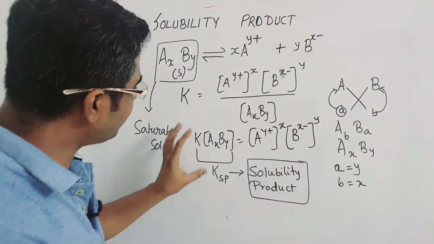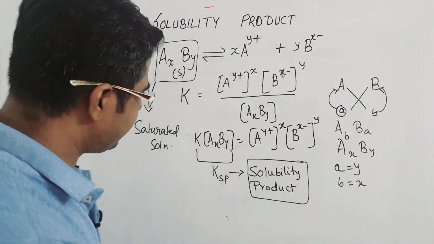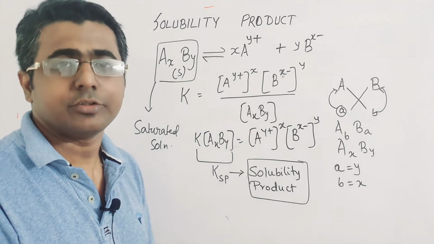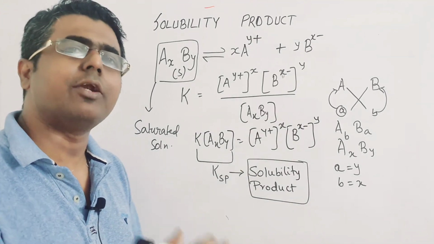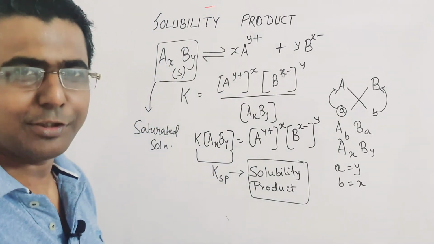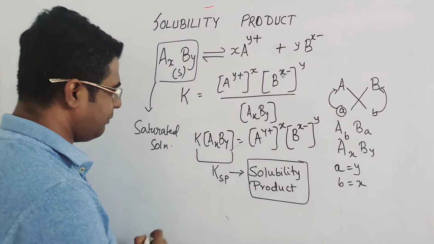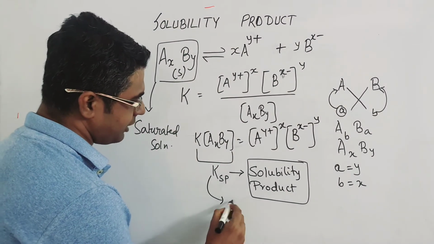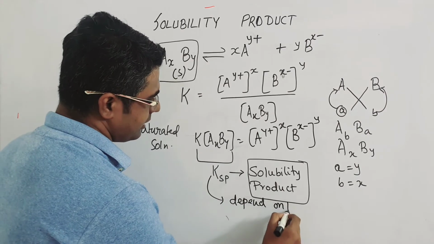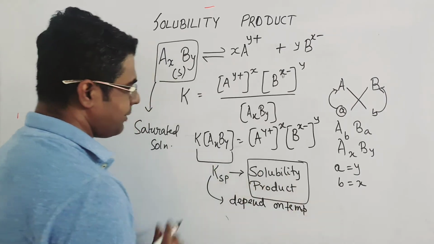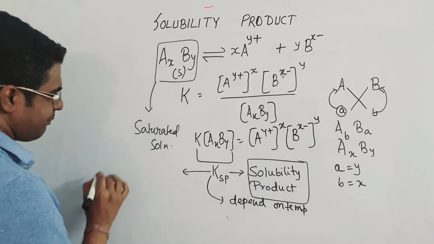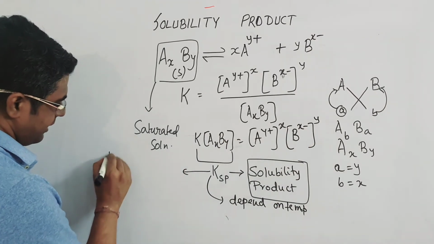So how should this value depend on many things? See, solubility product will depend on what? Solubility. So solubility will depend on what? Solubility depends on temperature. You have studied it in class 9th, right? Solubility depends on temperature. So if solubility depends on temperature, this will also depend on temperature. So remember one thing, बहुत important है ये, this is very important, remember this.